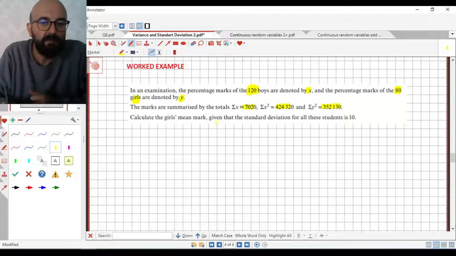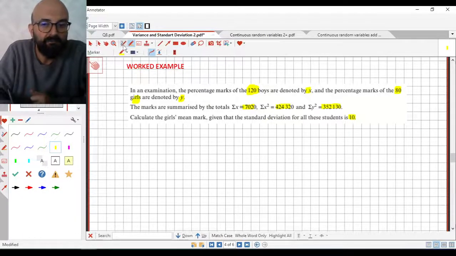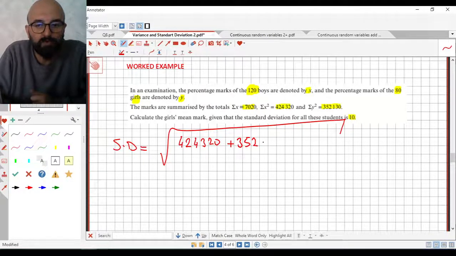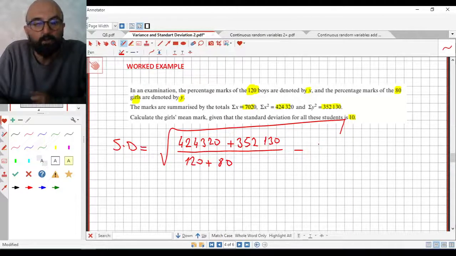Calculate the girls' mean mark, given that the standard deviation for all students is 10. So the sum of x square, 424,320, plus the sum of y square, 352,130, over the number of boys plus the number of girls, minus mean square.